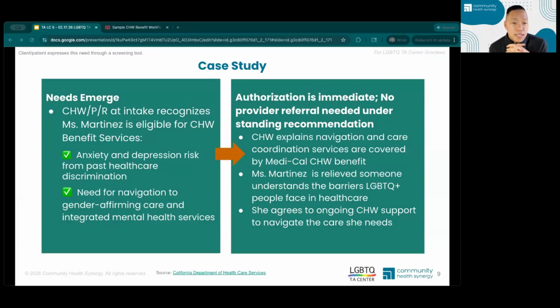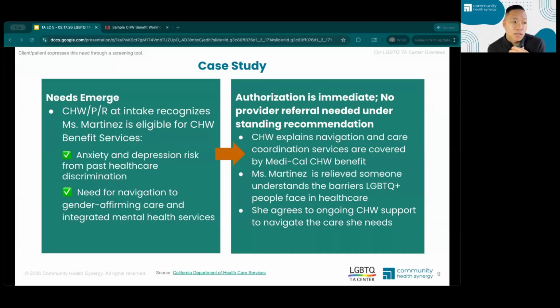So in this case study, on the left-hand side of this slide, the needs are recognized in terms of how they emerge. And so the community health worker, when they conduct an intake, recognizes that Ms. Martinez is eligible for CHW benefit services because there's a list of eligibility criteria for CHW services, and these are at least two of them.